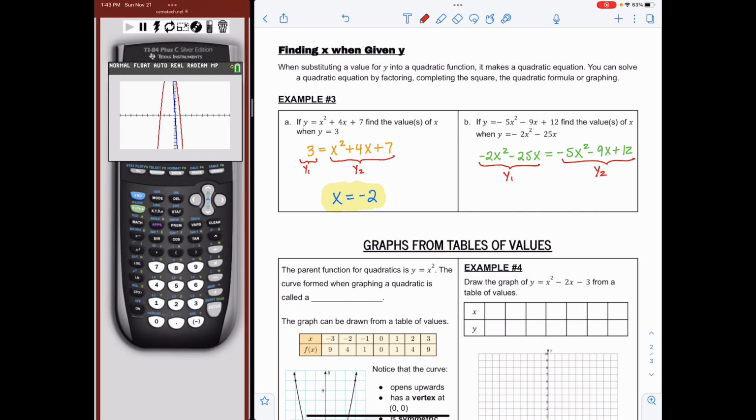All right. So from here, I see more of my red graph, which is y2, my right-hand side, but I see less of my blue graph, which is my y1. So now that I'm here, I'm going to zoom out just a little bit so I can see a little bit more.